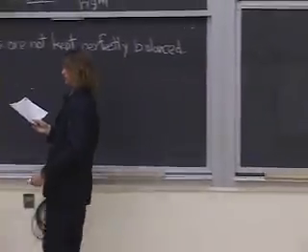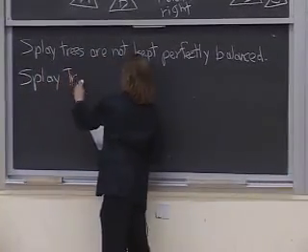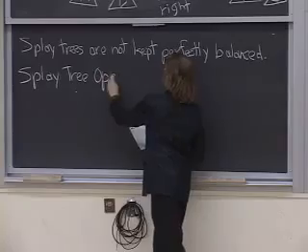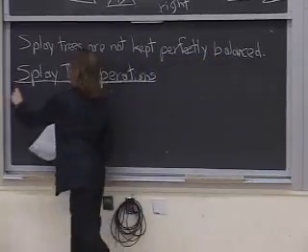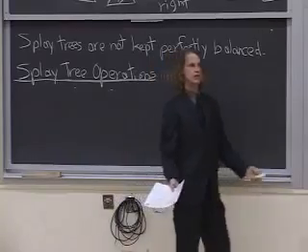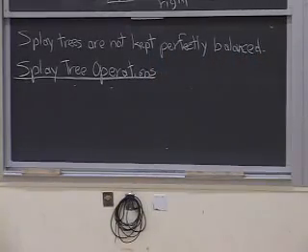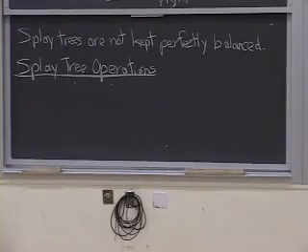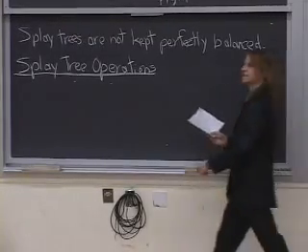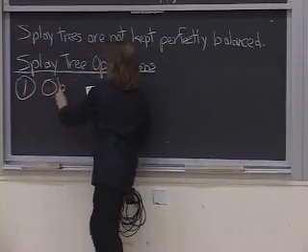So let's look at the Splay tree operations. Splay trees have all the same operations that binary search trees have, and we're going to spend most of our time just looking at how to do the easiest one, the find, and then once we know how to do that, all the other ones will fall right in line.